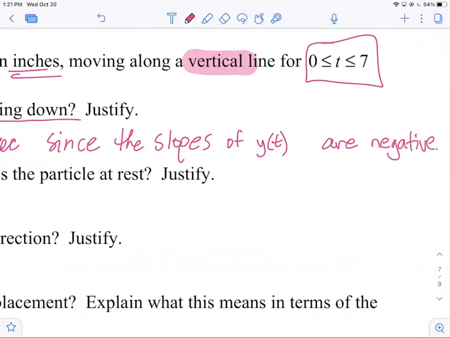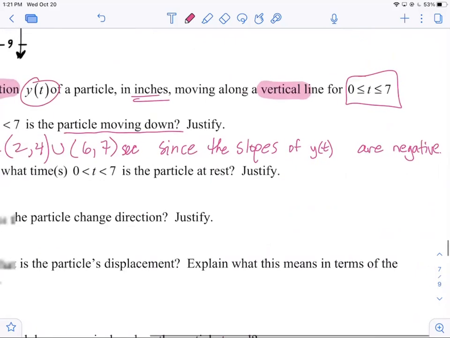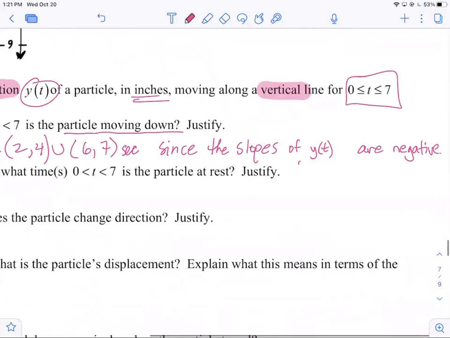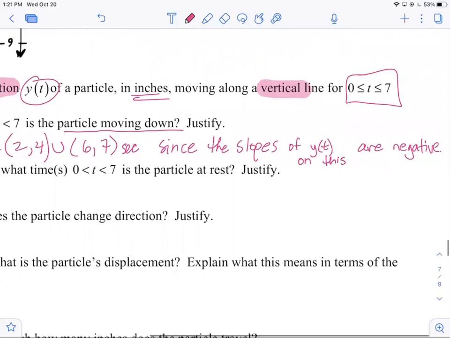What graph? You've got to be very, very specific. Don't be vague. It's actually faster just to say slopes of y of t are negative on this interval or these intervals, whatever.